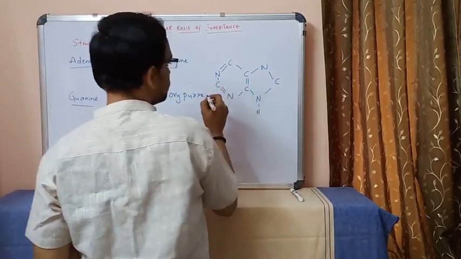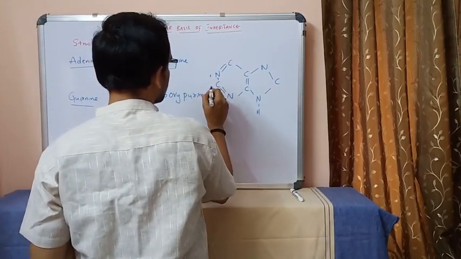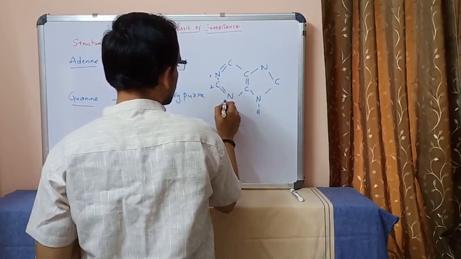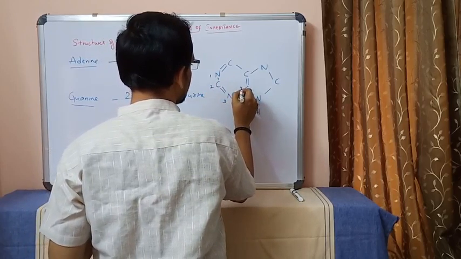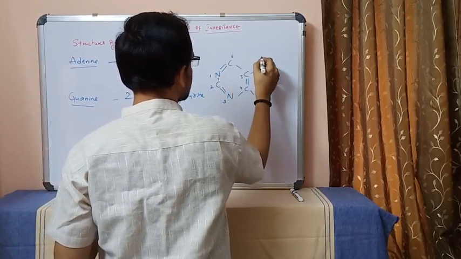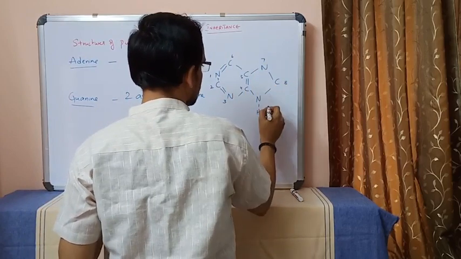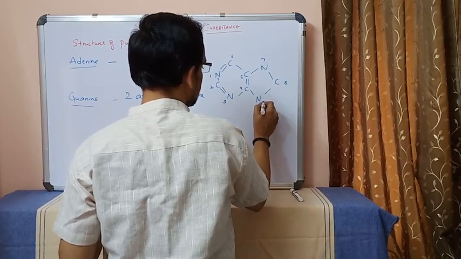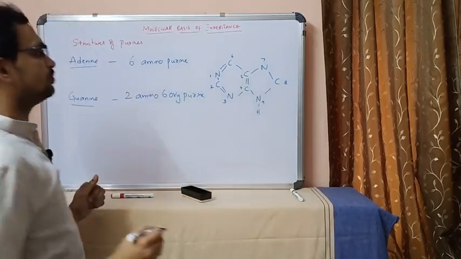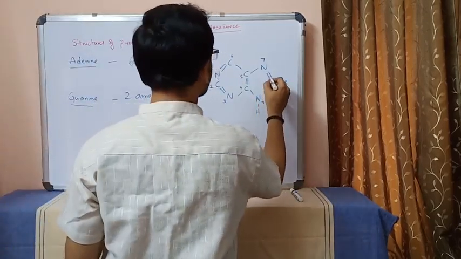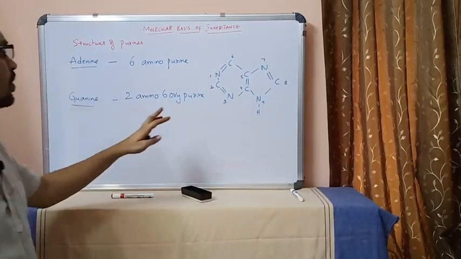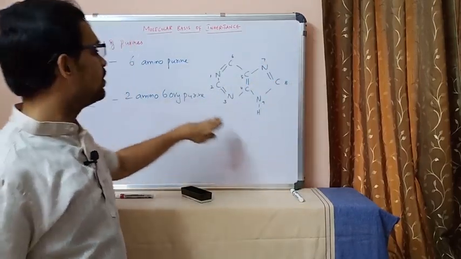Numbering should be in a counterclockwise manner. So this is the general structure of the purine.